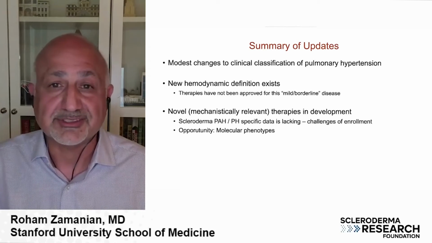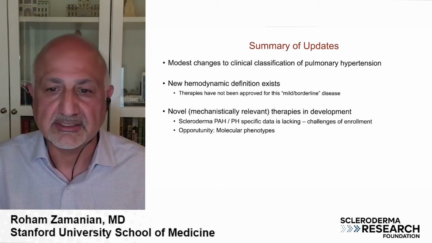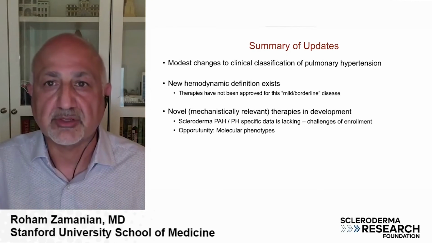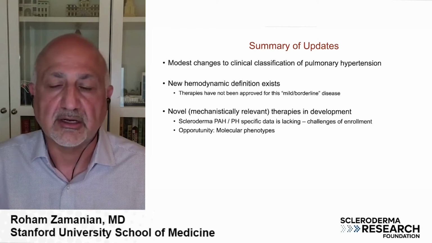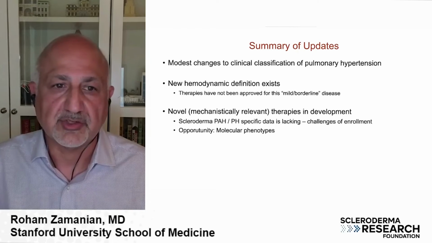And I think organizations such as the Scleroderma Research Foundation are really at the intersection point of enabling novel research in the population of patients that it serves. So thank you very much for your consideration and your attention, and I'm looking forward to taking your questions.